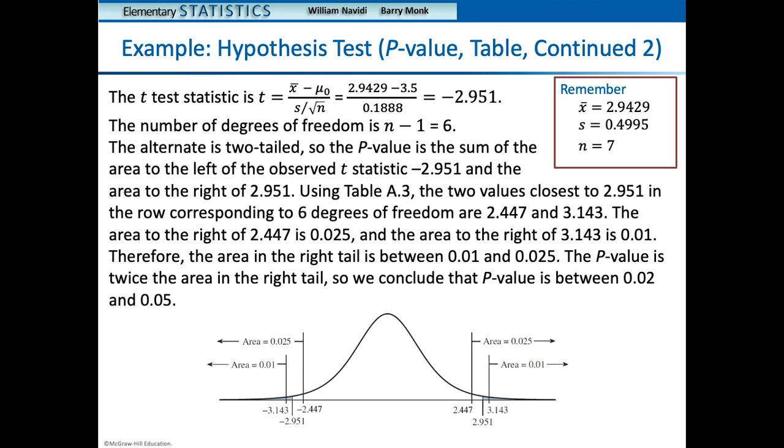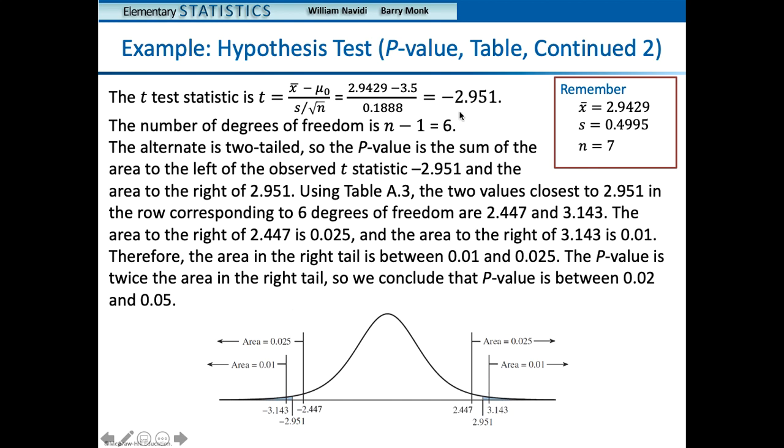The next step is to find the test statistic using the t-value formula. Again, we make the assumption at this point that the null hypothesis is true, so we'll plug in 3.5 for the population mean. Then when we divide by s over the square root of n, we get 0.1888.